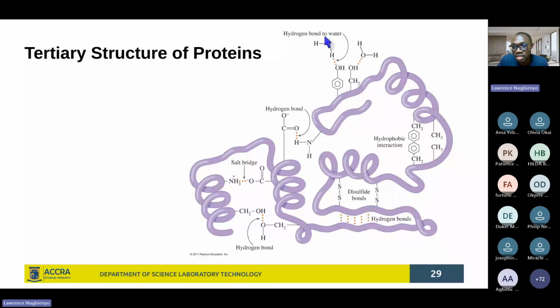The same way, CH2OH is depicting the side chain in serine. That too can be having some hydrogen bonding interaction with water molecules.